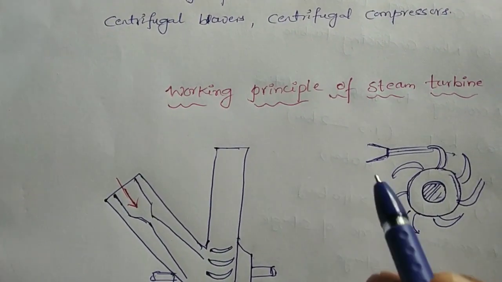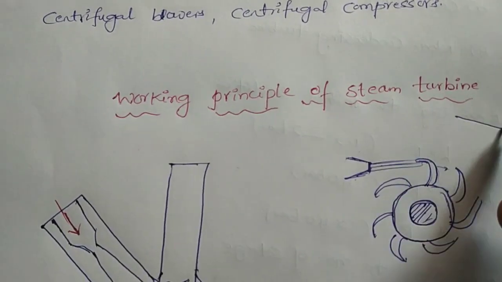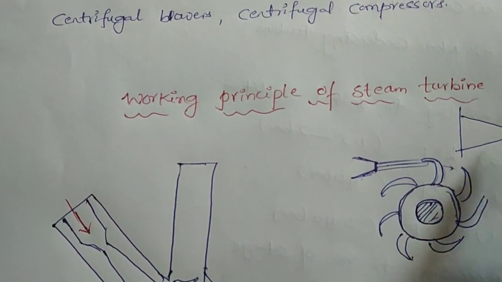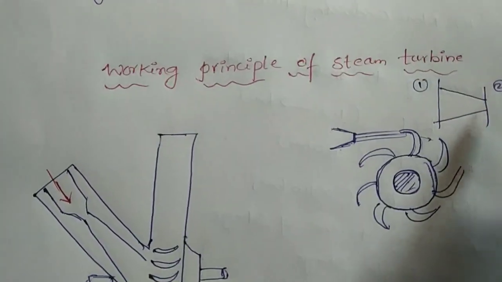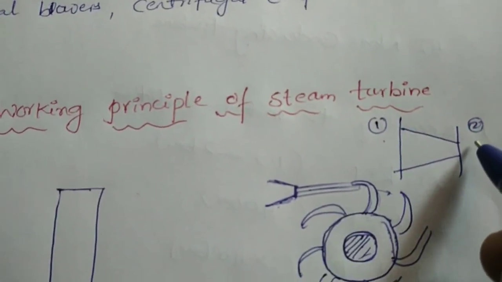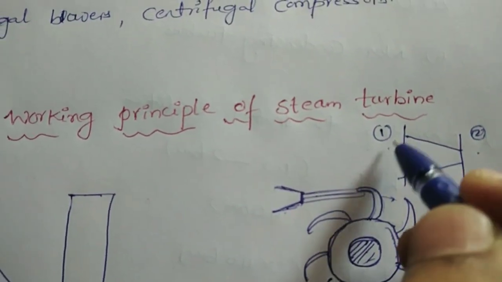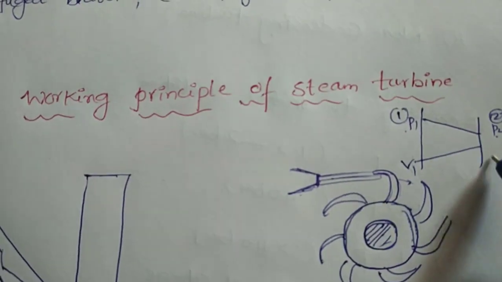Now the steam is sent into the nozzle. A nozzle is a device which converts pressure energy into kinetic energy. Here, for example, this is starting point 1 and this is ending point 2. Here pressure P1, here pressure P2, velocity V1 and velocity V2.